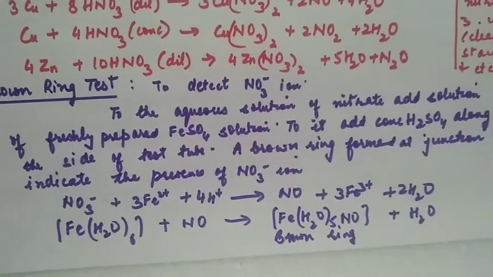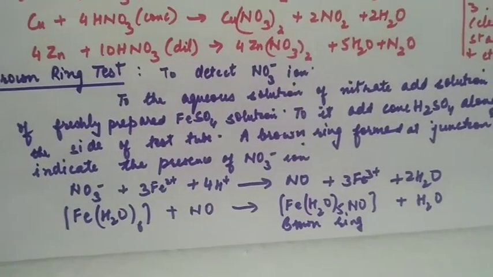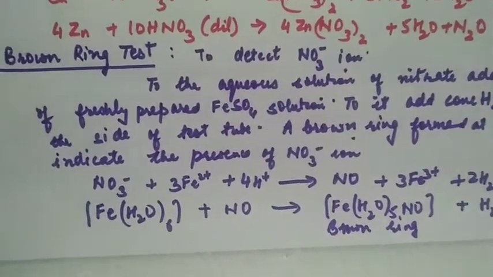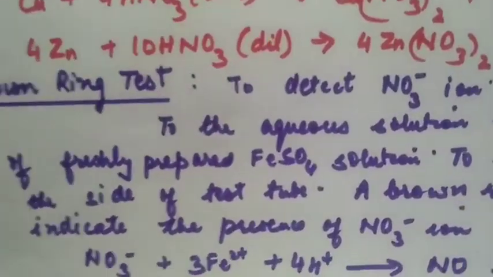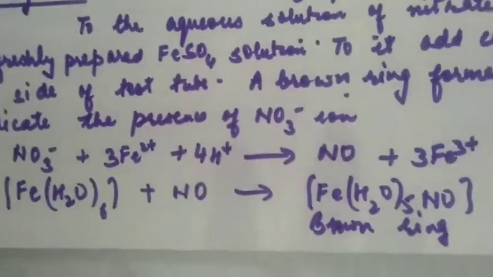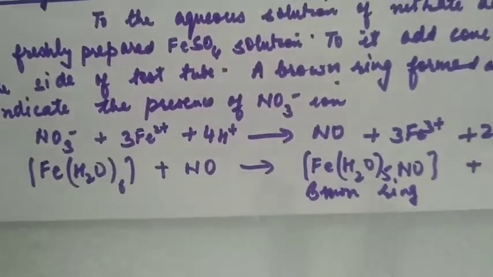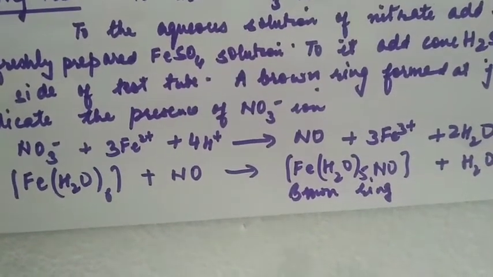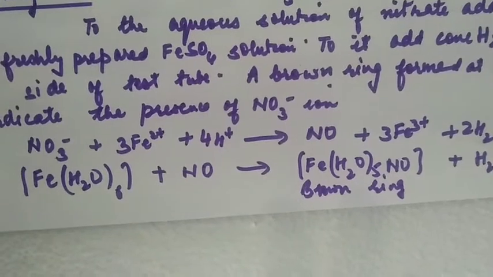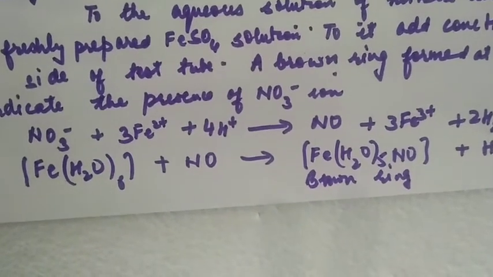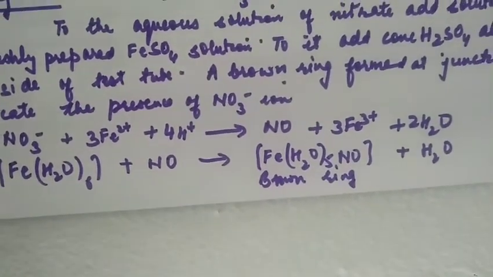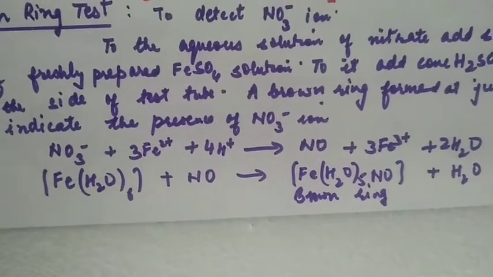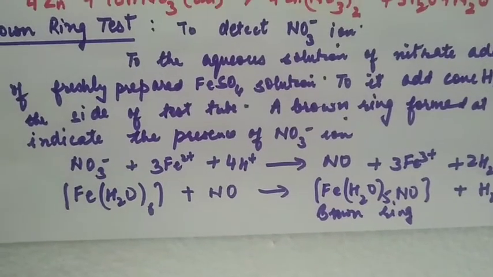A brown ring is formed at the junction of the two liquids, indicating the presence of nitrate ions. The ferrous ions will convert the nitrate ions into nitric oxide, which will be taken up by hydrated ferrous ion to form the pentaaquanitrosyl iron complex, which is brown in color. The presence of a brown ring indicates the presence of nitrate ion.